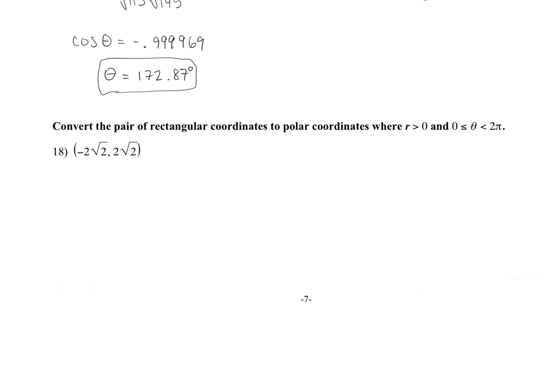And finally, we need to convert this into polar coordinates. So r is the square root of the x value squared plus the y value squared. So 2 times the square root of 2, squared, this is 4 times 2, that's 8.